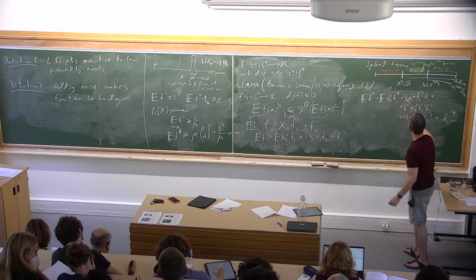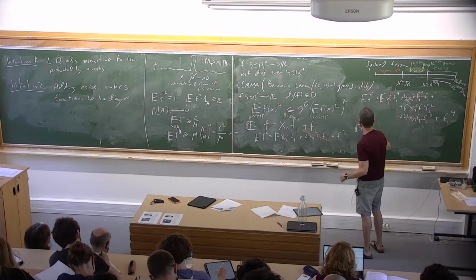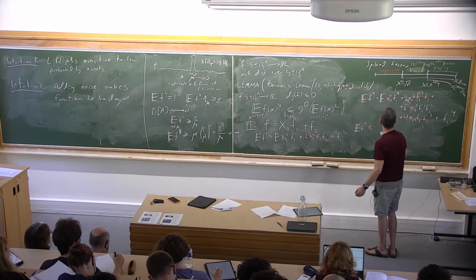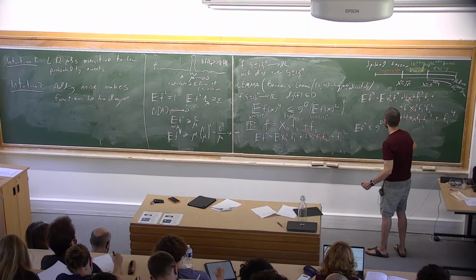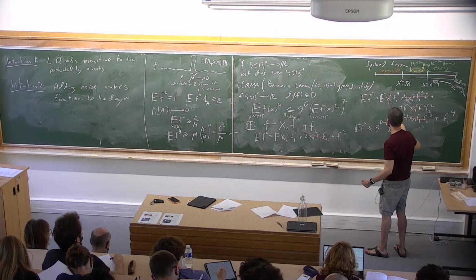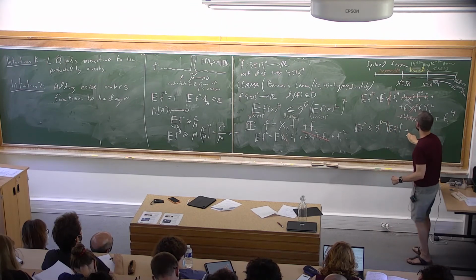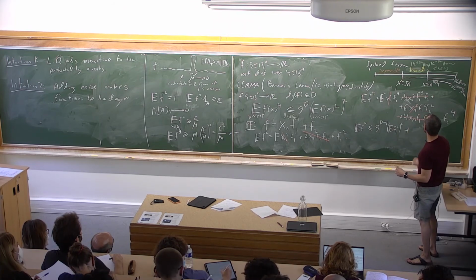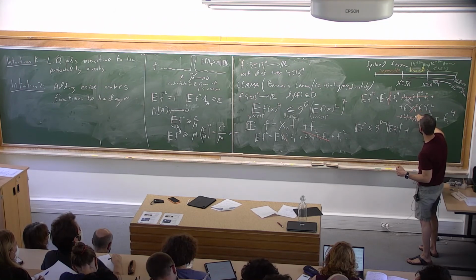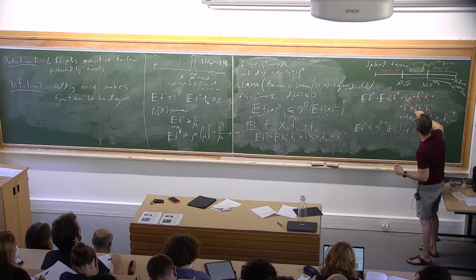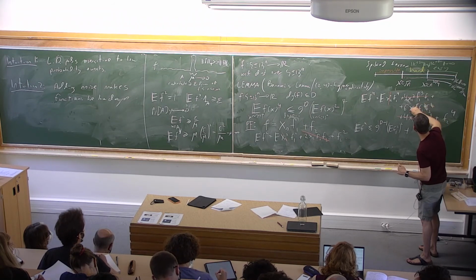So we can apply induction on f1 and f2. So we get that the expectation of f to the 4 is smaller, by the induction hypothesis, than 9 to the d minus 1 times the expectation of f1 squared, plus, we're going to do some Cauchy-Schwarz and bound this by the square root of the expectation.